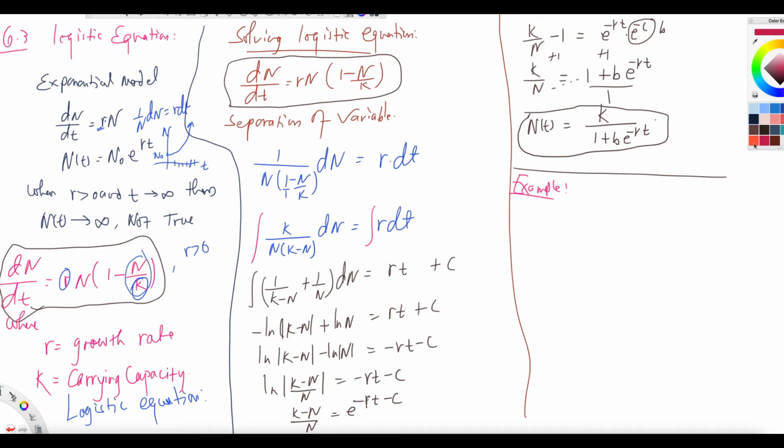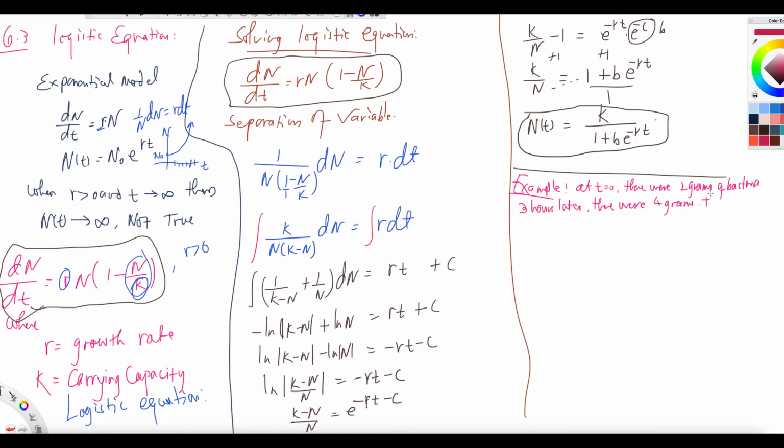Suppose that at t equals 0, there were 2 grams of bacteria, and then 3 hours later the bacteria grew, and there were 4 grams.